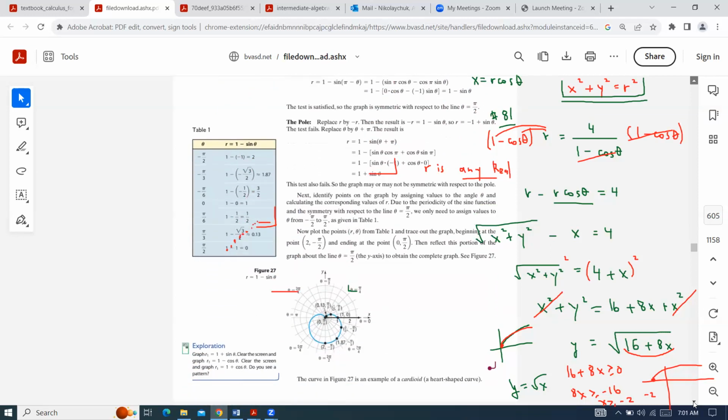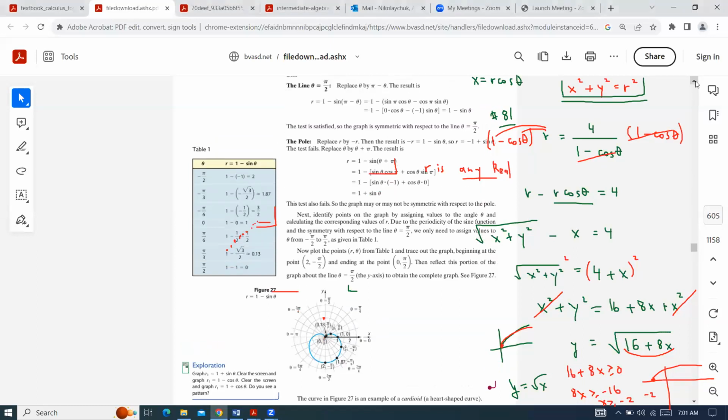So for example, you can see here the graph of this so-called cardioid, the favorite graph for the medical workers, the cardioid, which looks like a heart. So you can see it's here, and then it just extends around. And the way they graph it is they use points. So they use points, and they can just follow through the way they do this, and then we'll graph one on our own.